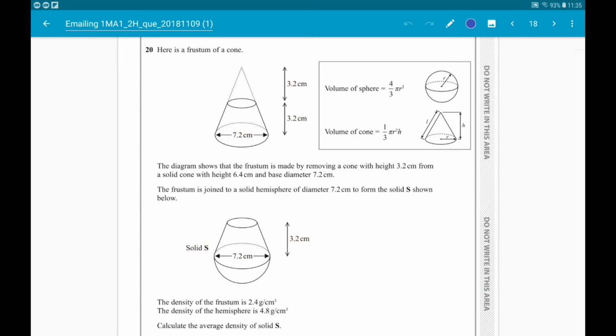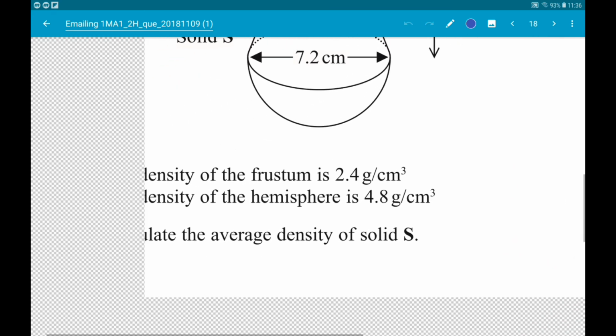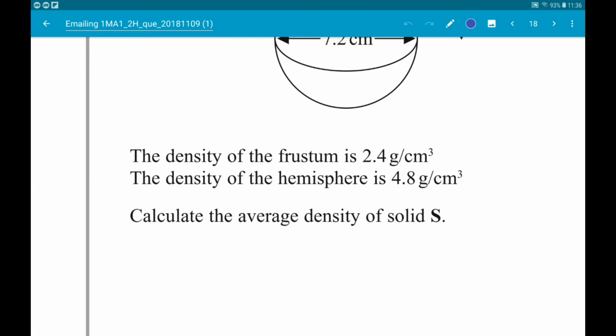So we are going to do the frustum first of all. So to work out the volume of the frustum, we're going to need to work out the volume of the big cone first of all. So the volume then of the big cone. So we're given the formula, it's 1/3 pi r squared h.